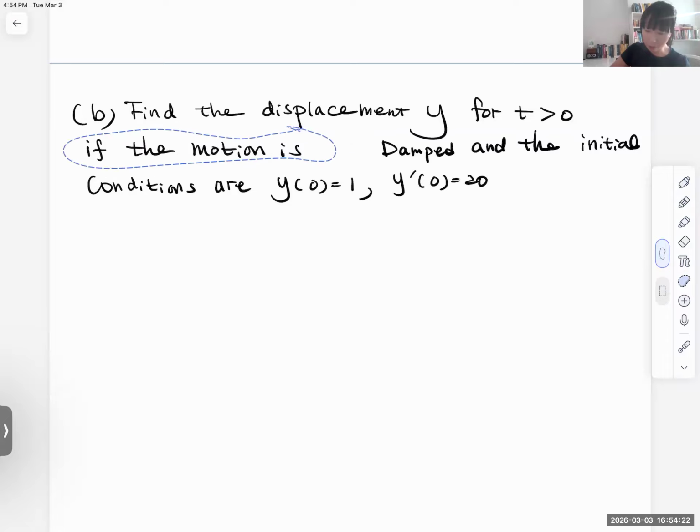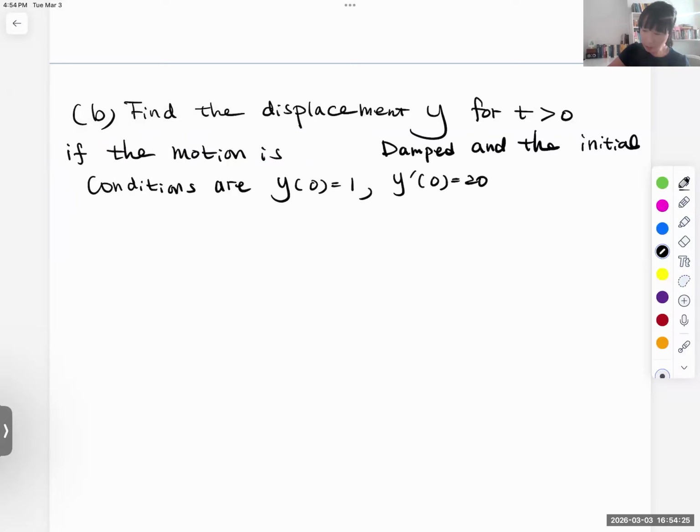You might not realize that. Critically damped, and the initial conditions are y of 0 equal to 1, y prime of 0 equal to 20. Okay, so let's do it.